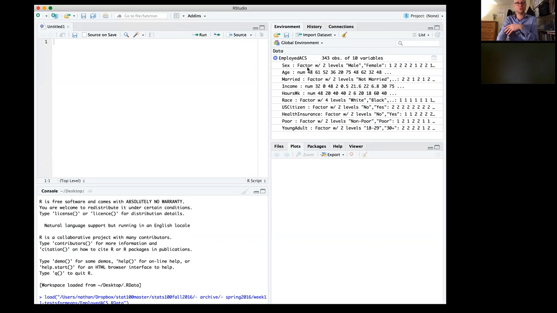We have categorical, numeric variables, things like that. I'm going to open the code, and just to make sure that you're able to do that.